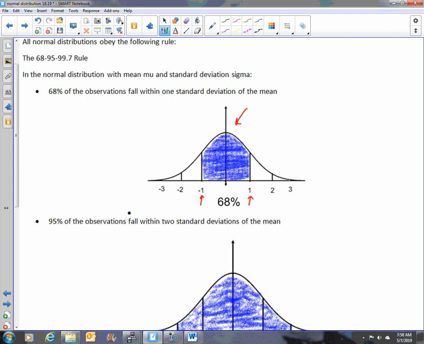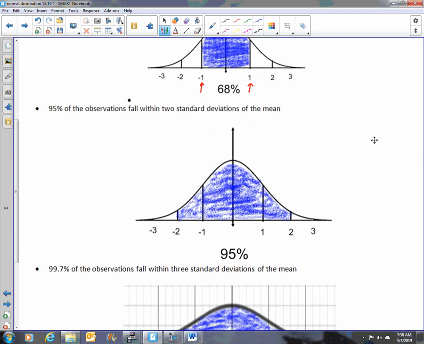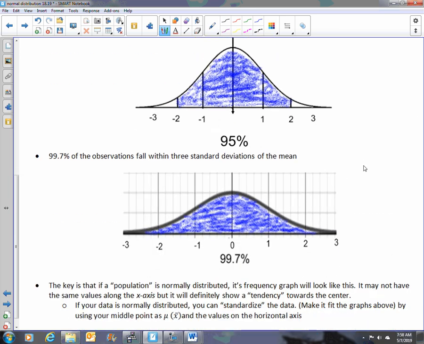Now, going a little bit farther, 95% of the data items will be clustered between -2 and +2 standard deviations of the mean. And moving a little farther, 99.7% of the data will fall between -3 and +3 standard deviations of the mean.